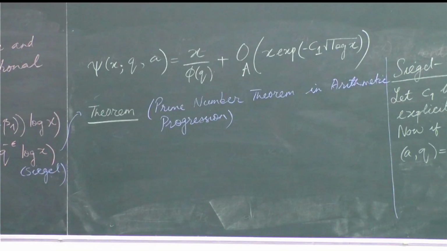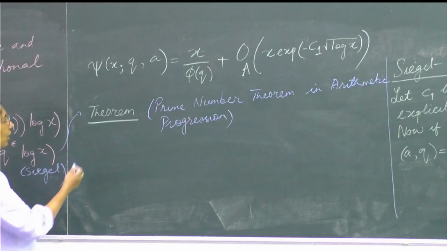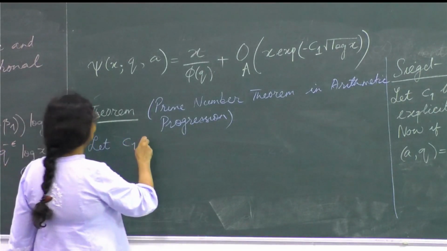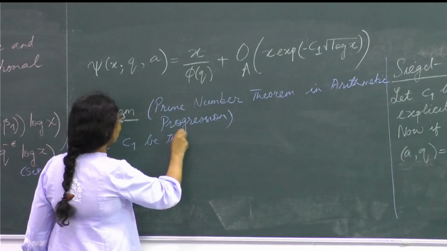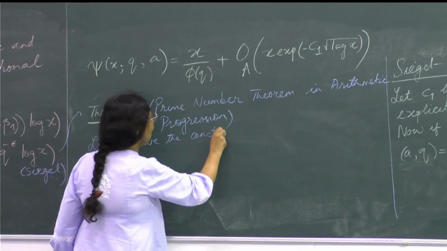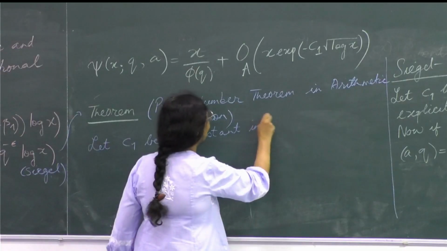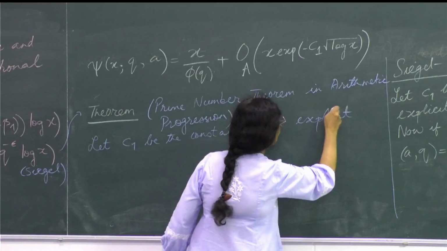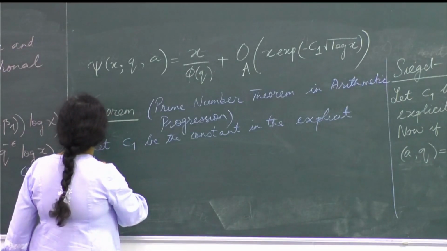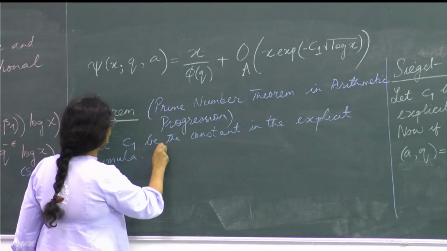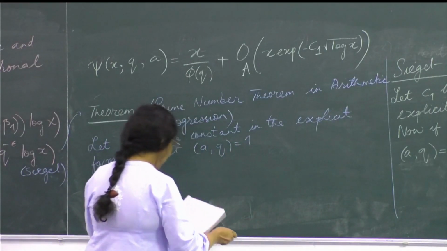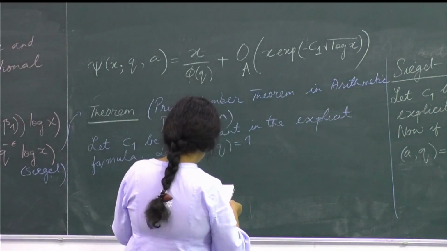So again, we will have the same conditions. I'll write it out nicely. Again, I will take C1 to be the constant in the explicit formula, and I will take a and q to be co-prime to make my definitions.